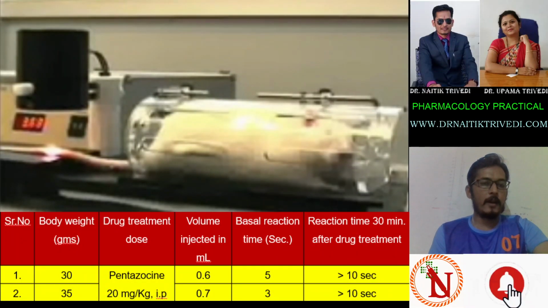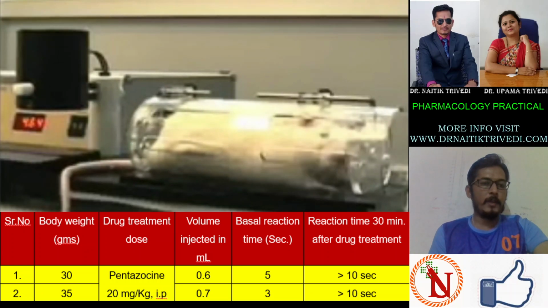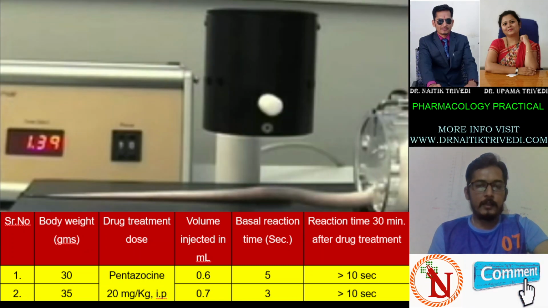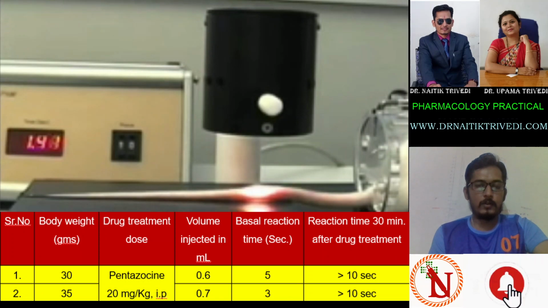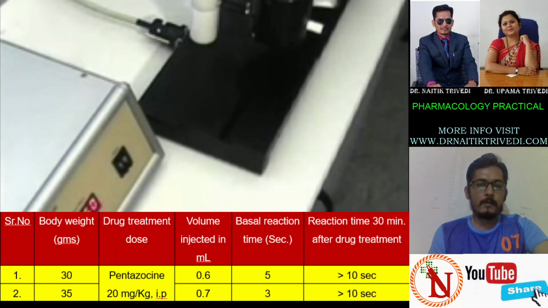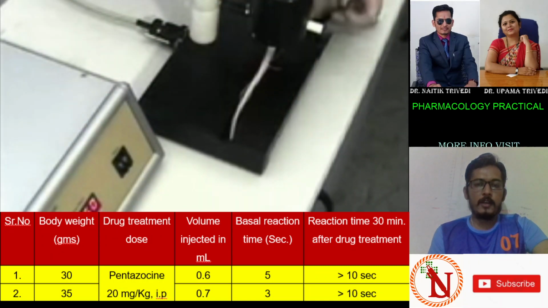Here you can see radiation applied onto the tail. Through the radiation beam it flicks the tail. Here you can directly see the radiation applied from the light source, so it feels the pain and flicks the tail. But this time is increased in the drug treated animal.